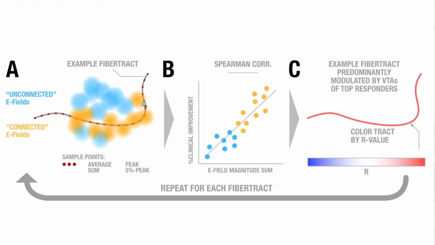For each patient, the tract is represented by sample points, and for each point we will get a strong value for the E fields that were close to this point, and a weak one for the ones that are far away.